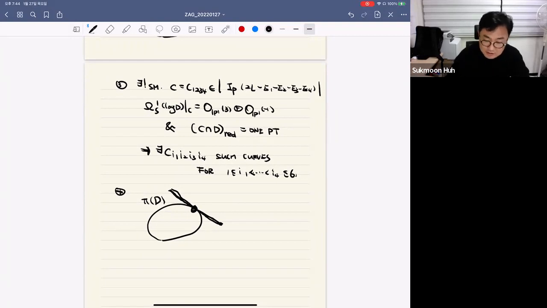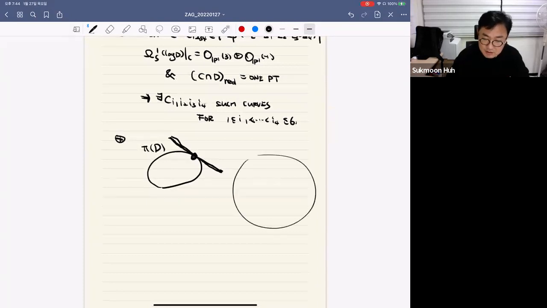That is simply, if you consider the family of conics P5, here we have a point parametrizing our conic pi of D. And then here we have the Veronese surface. And inside the Veronese surface, we have a curve parametrizing the tangent lines to this conic with multiplicity 2.